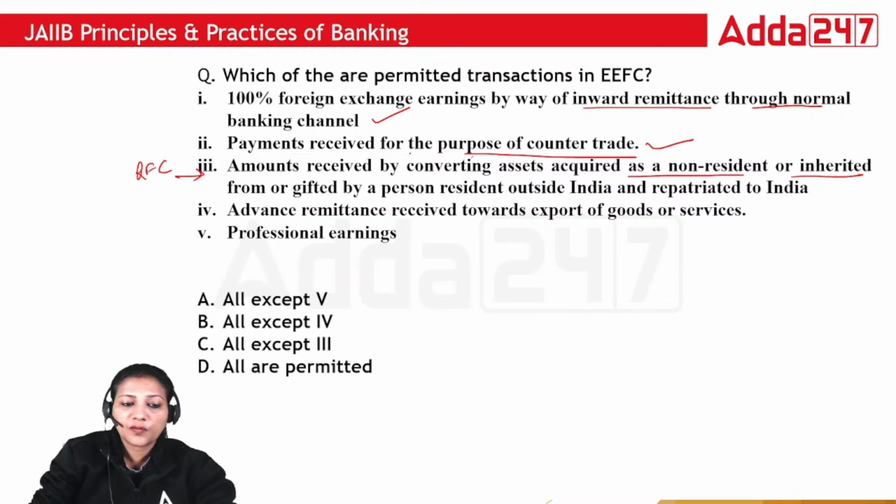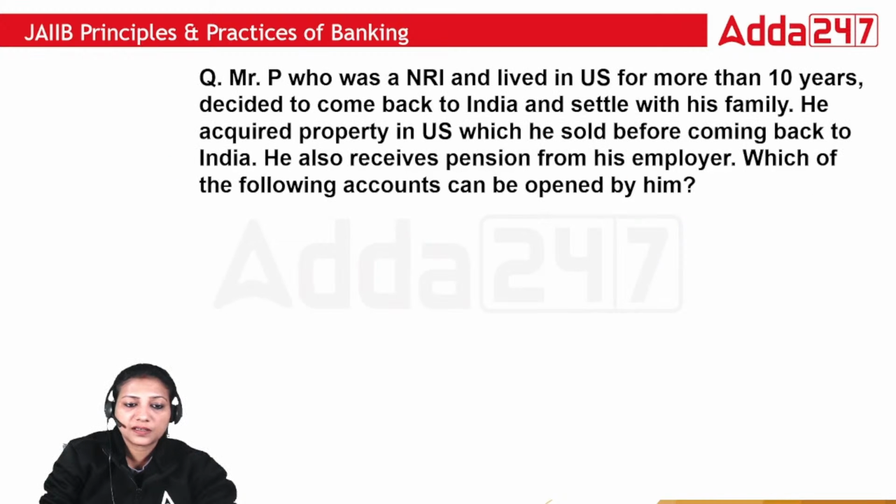This is not for EFC account. Advance remittance received toward export of goods and services are allowed, and professional earnings are allowed in EFC account. So except 3, all transactions are permitted. So right answer is C.